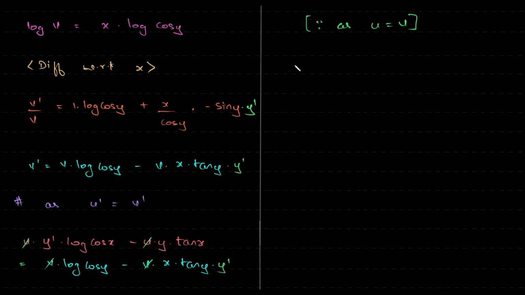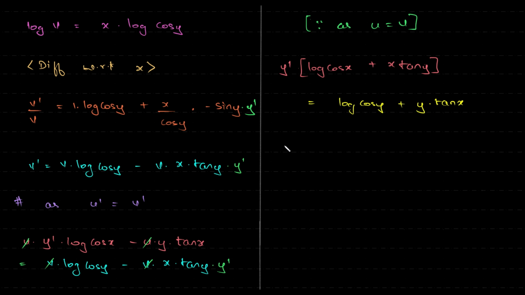And now finally a bit of rearrangement. All the y prime I'm getting on the left hand side: y prime into log cos of x plus tan x y prime. So both these terms have y prime as a common term, so I can take it common. And on the right hand side I'll get all the constants: log of cos y plus y times tan of x.